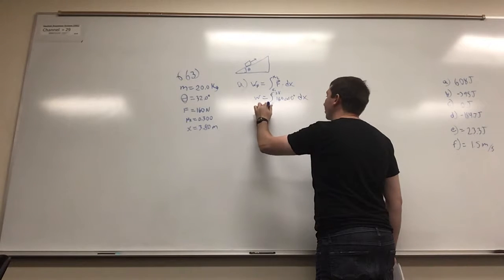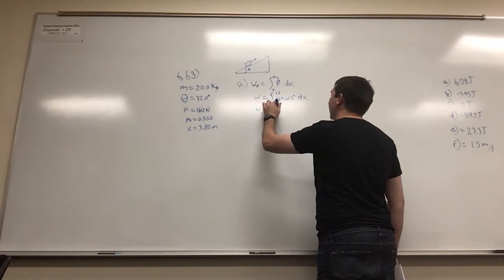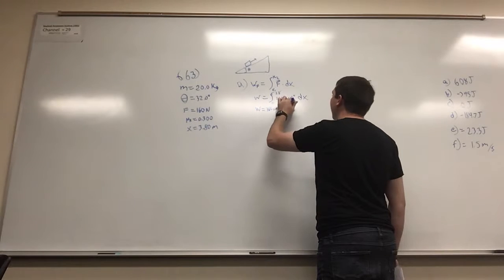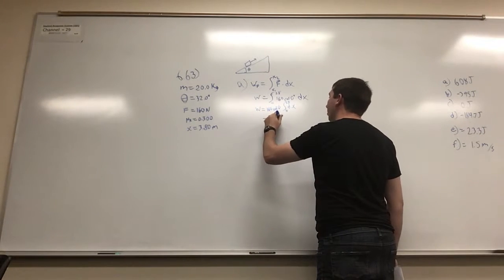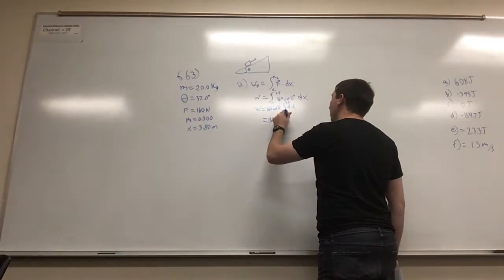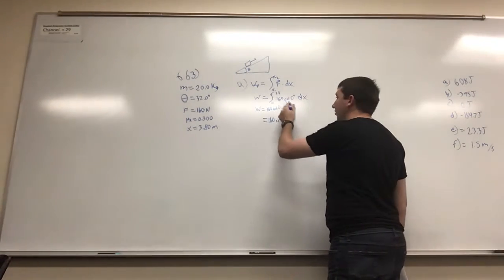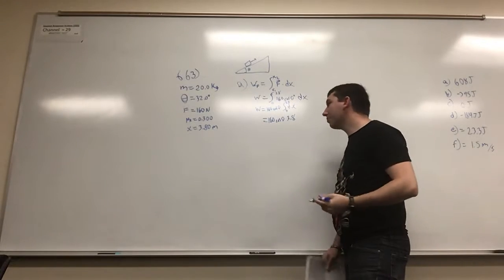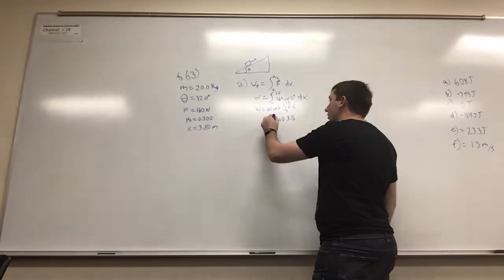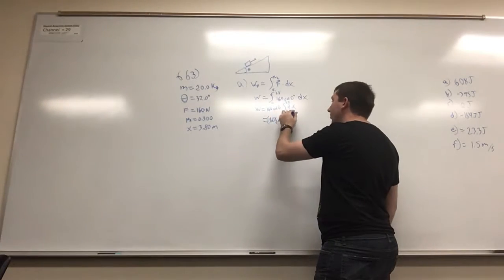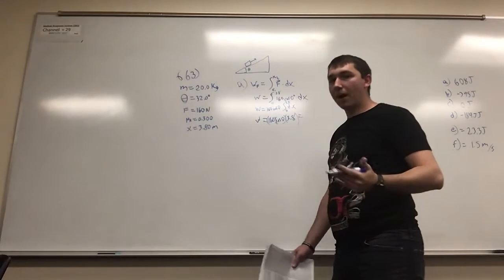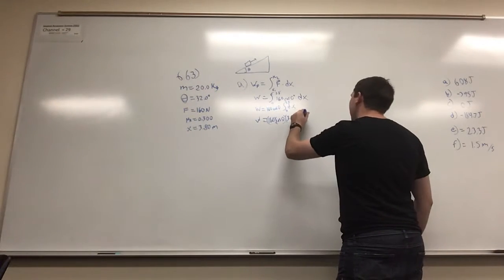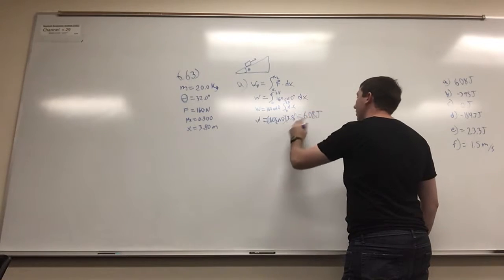So that then becomes 160 cosine of 0 integral dx from 0 to 3.8. So that just becomes 160 times cosine of 0 times 3.8, because 3.8 minus 0 is 3.8. And when you work that out, you get that the work done by the force is 608 joules.